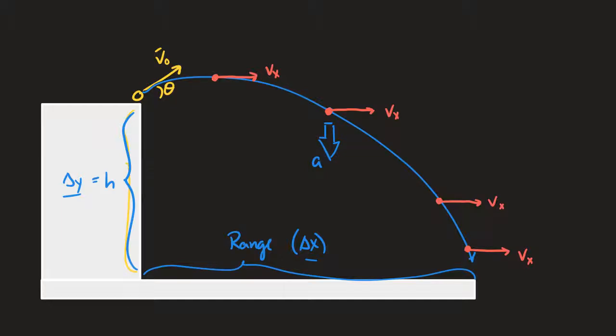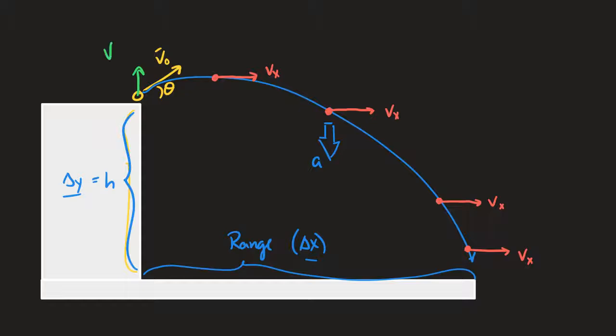So we expect to have a horizontal component that remains the same. I'm bringing this up for a couple of reasons. Since the horizontal component doesn't change, the motion equations that govern it are really simple because they have no acceleration in them. On the other hand, the vertical is acted on by gravity.